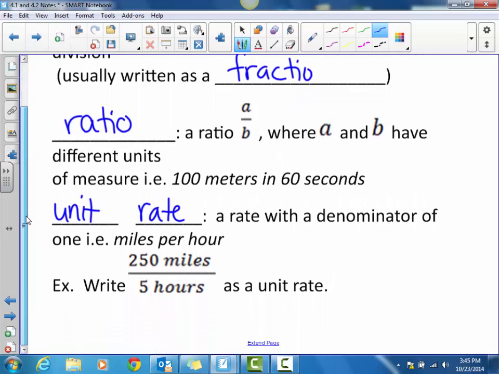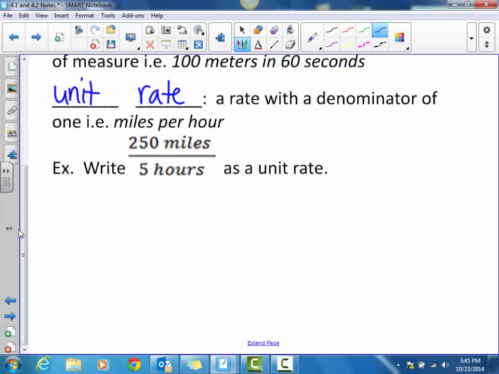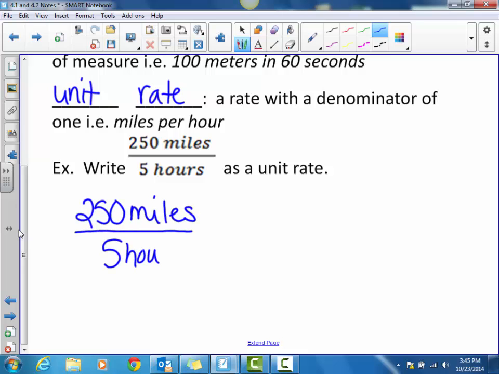So our first example says, write 250 miles over 5 hours as a unit rate. So 250 miles in 5 hours, and I'm going to write it as a unit rate. Basically I'm going to divide the top and the bottom both by 5, the bottom number.